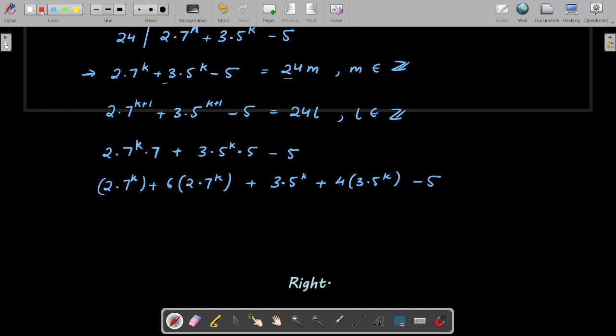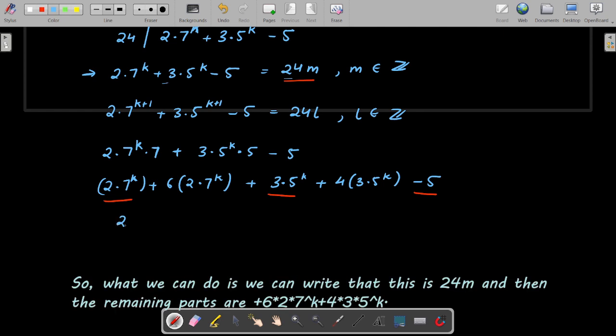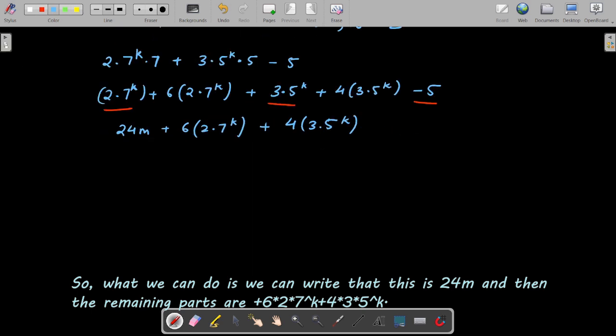So now we know that this and this together is essentially 24m, right? So what we can do is write that this is 24m, and then the remaining parts are plus 6 into 2 into 7 power k plus 4 into 3 into 5 power k, right?